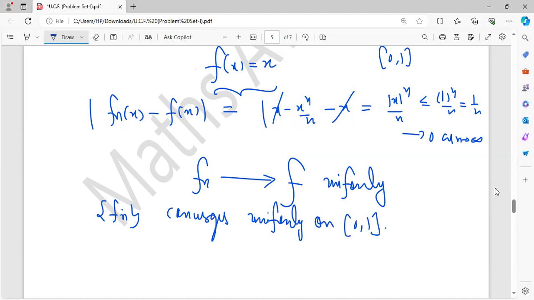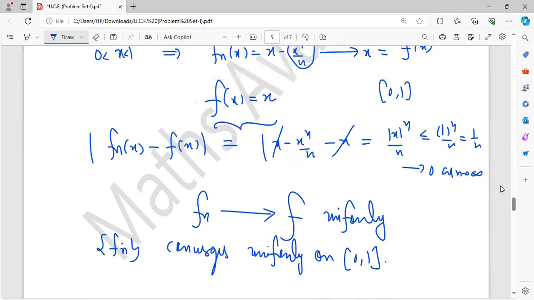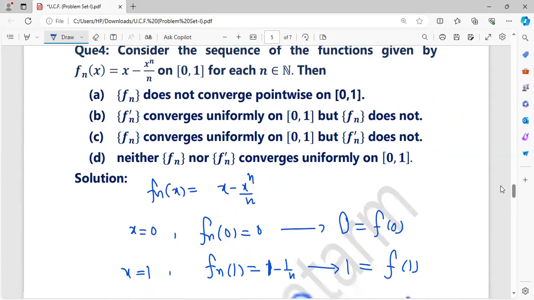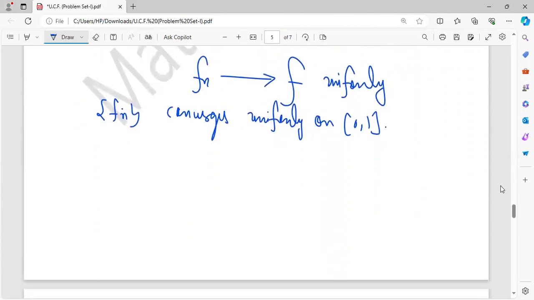Okay. Now, what about the derivative? What about the derivative function? f_n(x) is equal to x - x^n/n, take the derivative.